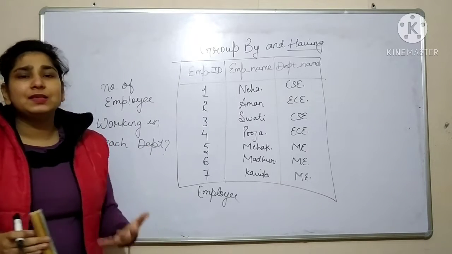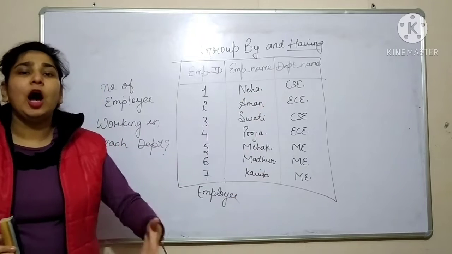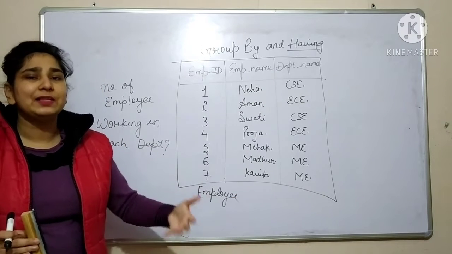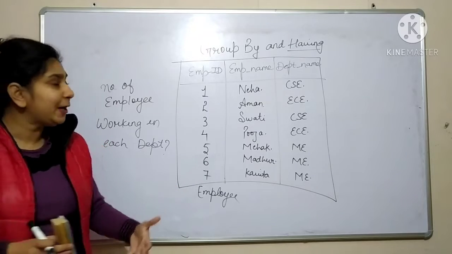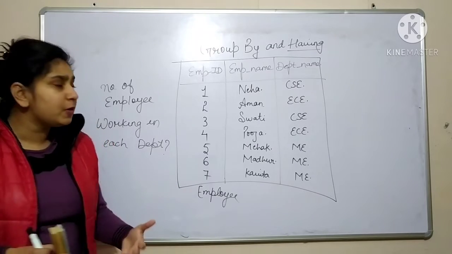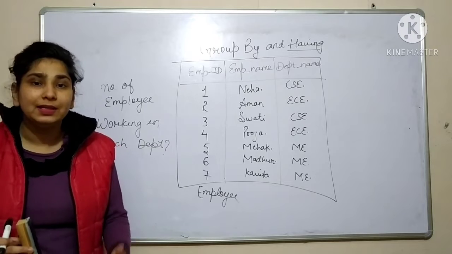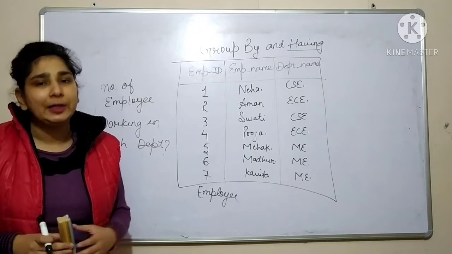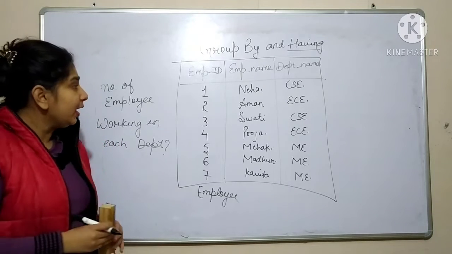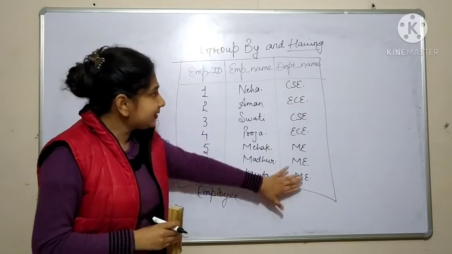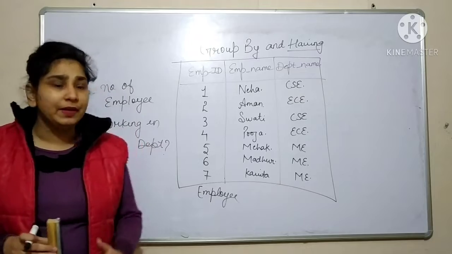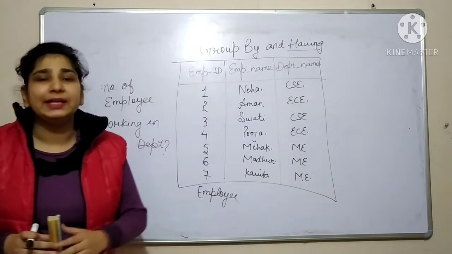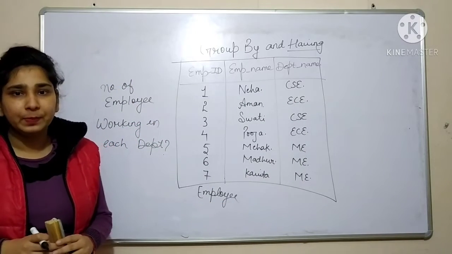If there is a CSE department, how many employees are in the CSE department? If there is an ECE department, how many employees are working in the ECE department? In this department name attribute, we have many duplicated values.